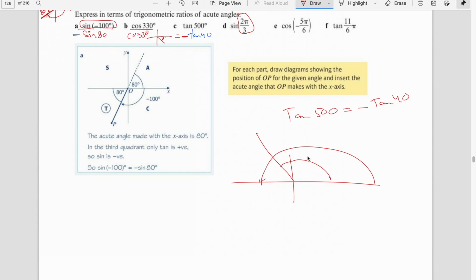If this is 2 by 3 pi, we can find the remaining part, that is pi minus 2 by 3 pi, giving us pi by 3. And sine is positive in both. So sine of 2 by 3 pi, which is obtuse, converting it into an acute angle is sine of pi by 3, and both are already positive.